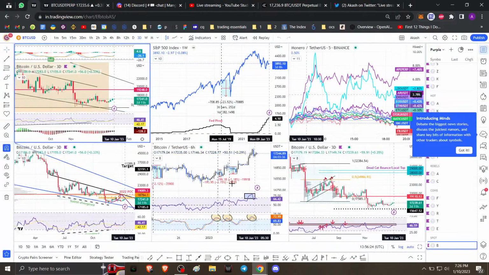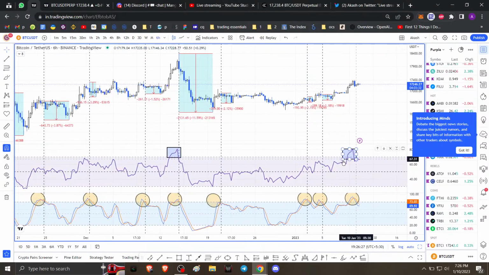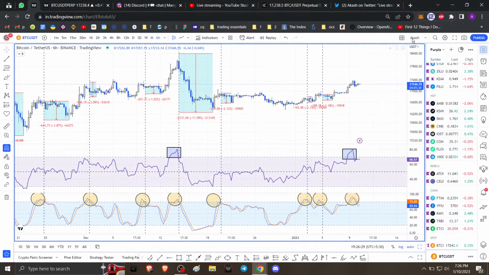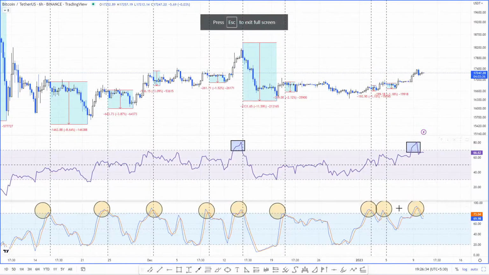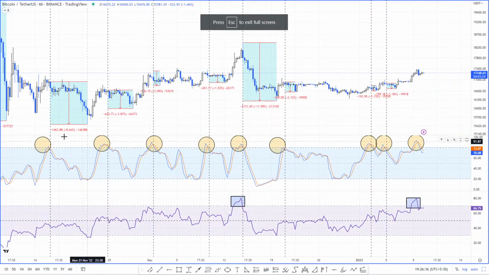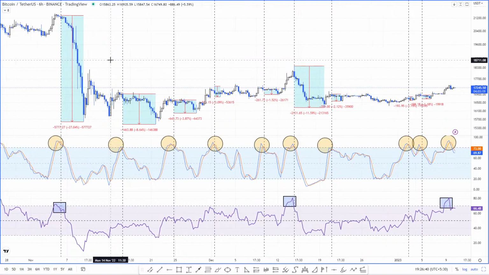Okay, let me start with what happened for Bitcoin. Actually, let's go back to this chart. It's much better. All right, so as I mentioned yesterday, let me do a quick recap. If you missed yesterday's live stream, I mentioned that the stochastic indicator versus the price has given a pretty accurate result, at least for the local top formation.